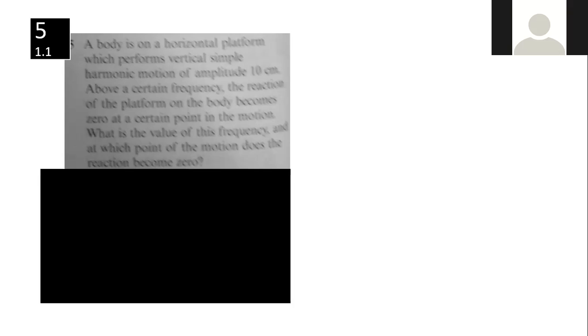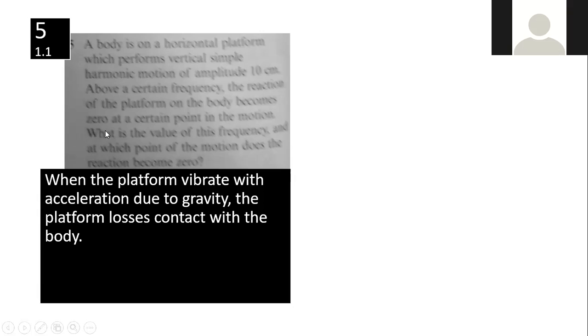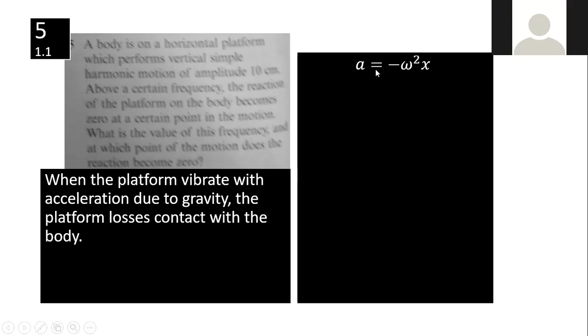So in this case, when the platform vibrates with acceleration equal to the acceleration due to gravity, the platform loses contact with the body. That's where the reaction is 0. So go to the formula, put a equals g. Don't worry about the negative sign there, because you're only interested in the positive value of the frequency.